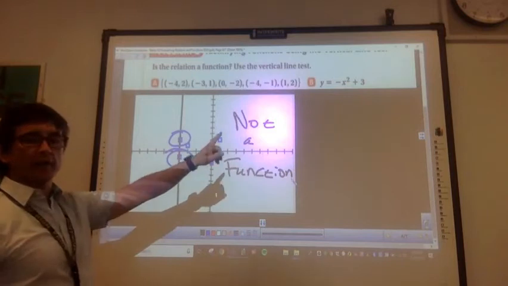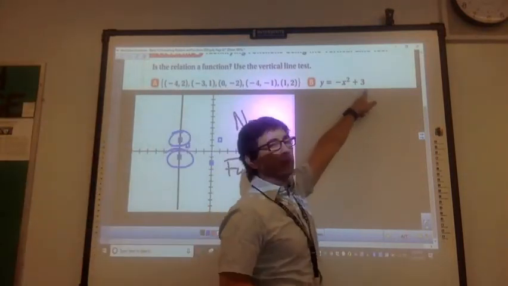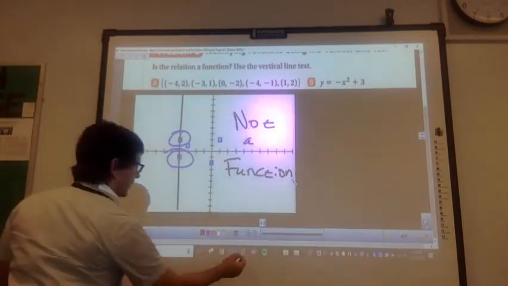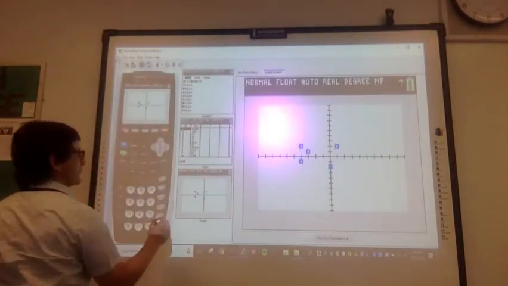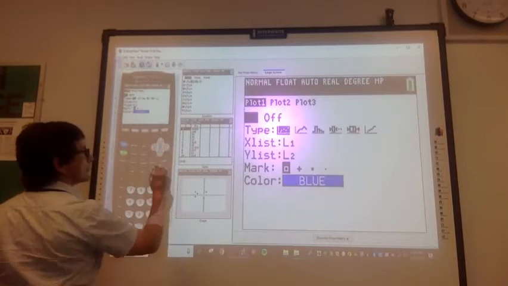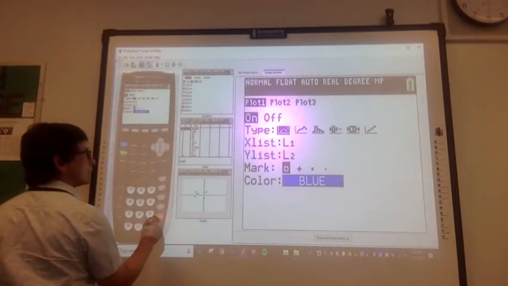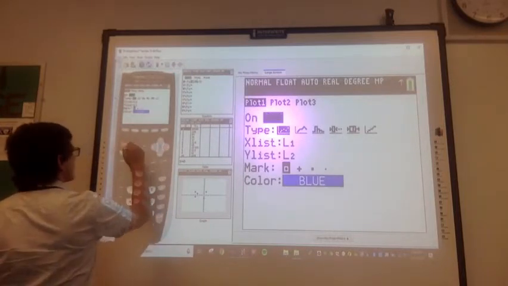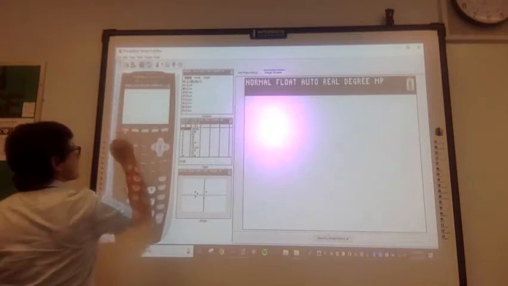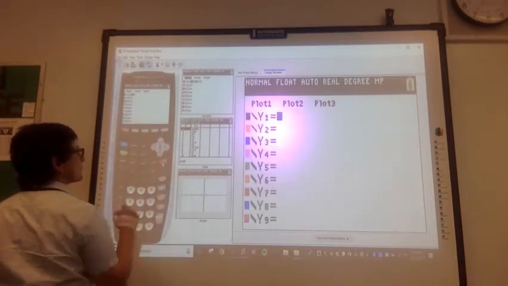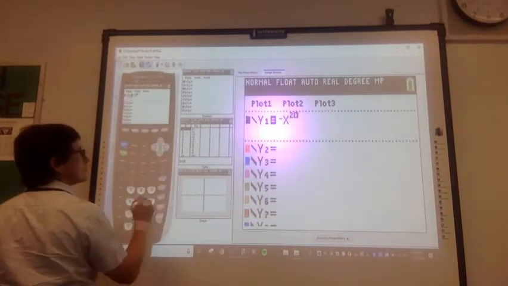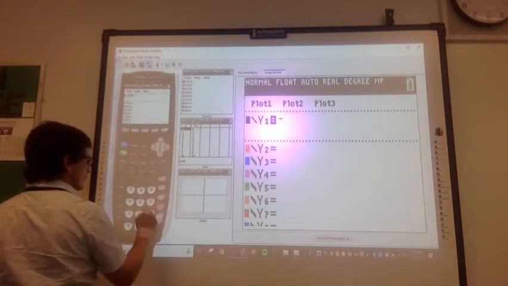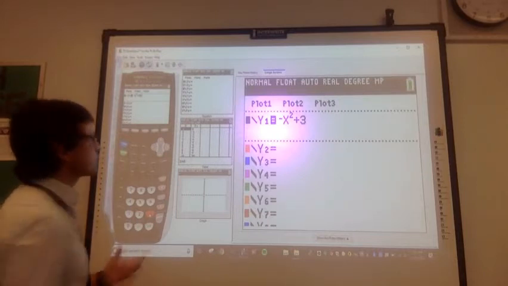Okay, now we're going to plug in this -x squared plus 3 into the graphing calculator so we can see what that thing looks like. So we have -x squared plus 3.